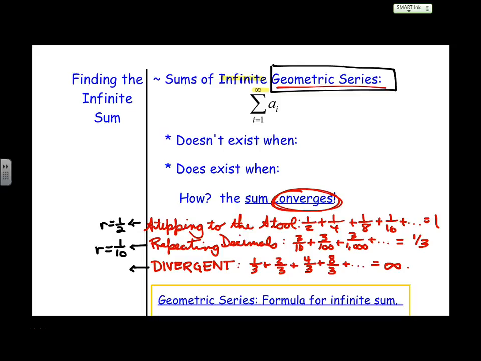What's the common ratio for the last one? 2 over 1. What's the difference between multiplying by 1/2, multiplying by 1/10, and multiplying by 2? The last one, every single term is growing. If you add growing numbers, what's going to happen to the sum?